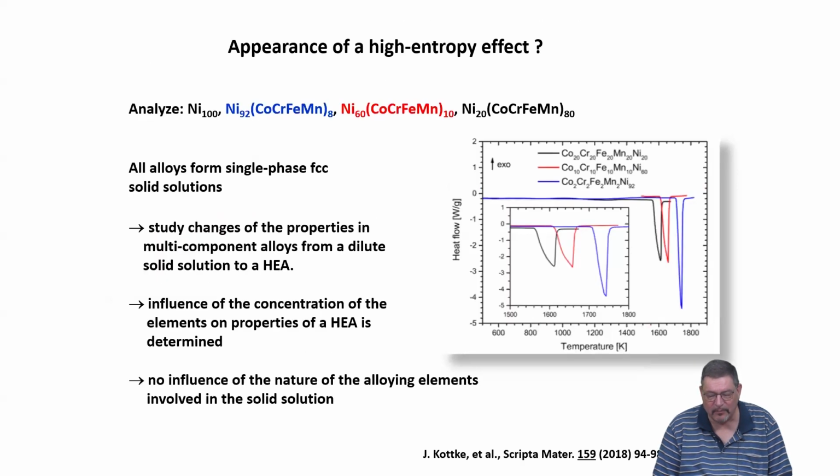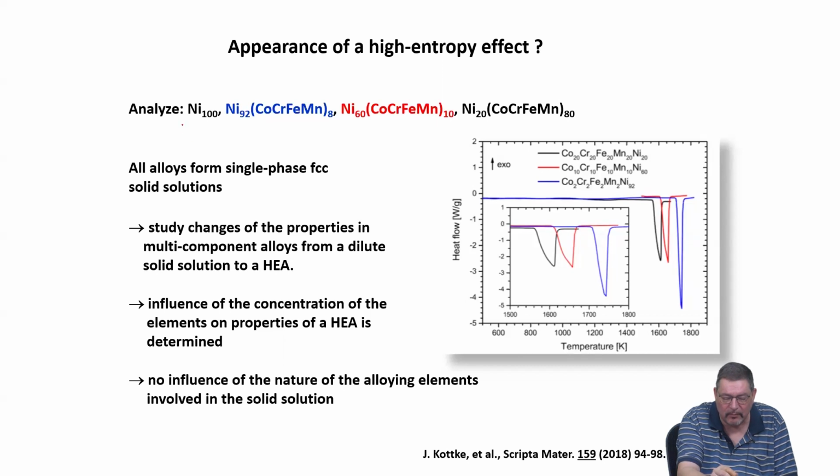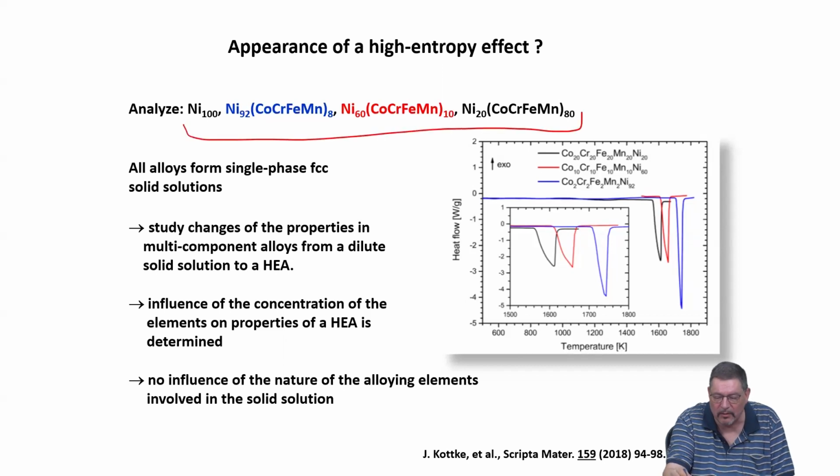What we did then was to take all the alloys, or not all the alloys, spanning the range from pure nickel to Cantor. And you see, except the pure nickel, always we have the 5 constituents in the system. Sometimes really in dilute solutions. So in this case, each of them has only 2 atomic percent.